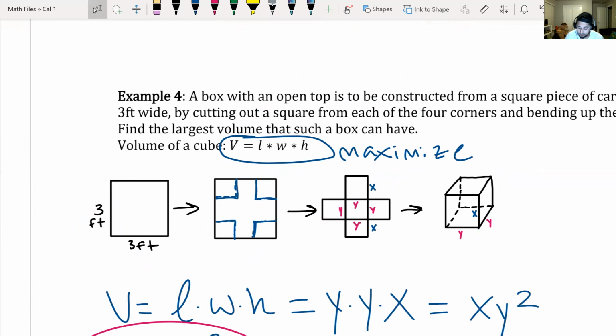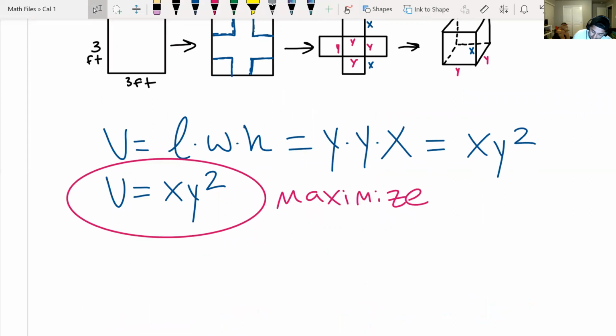Well, now, since we cut our box, looking at the third diagram I drew, the width of this box is given as x plus y plus x.